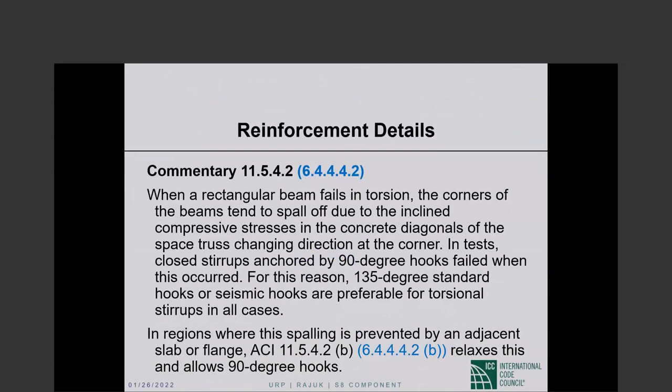When a rectangular beam fails in torsion, the corners of the beam tend to fall off due to the inclined compressive stresses in the concrete diagonals of the space truss changing direction at the corner. In tests, closed stirrups anchored by 90-degree hooks failed when this occurred, when the covers pulled off the corners, the 90-degree hooks opened up.